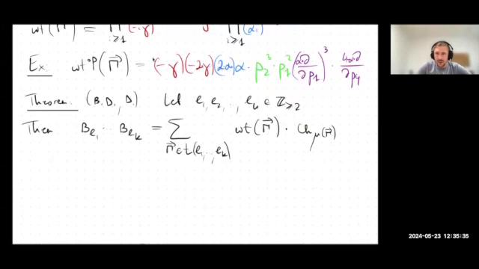This is the main combinatorial theorem that allows us to conclude integrality in Lassalle's conjecture.